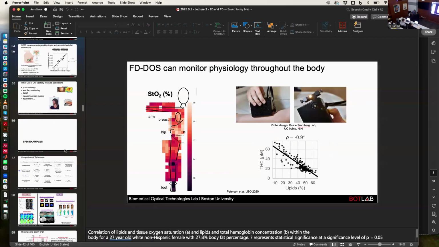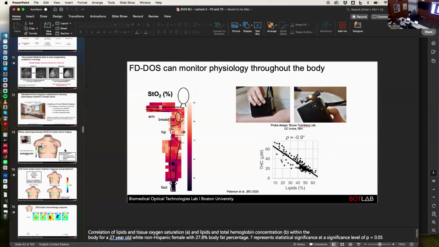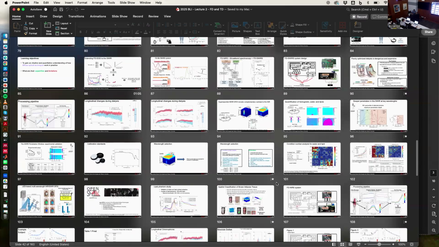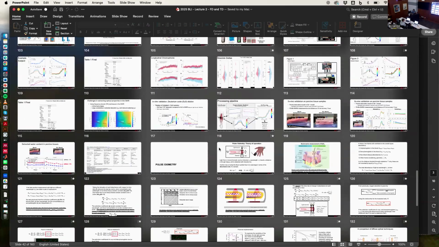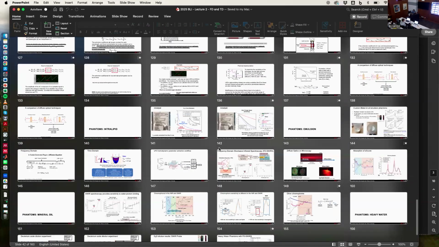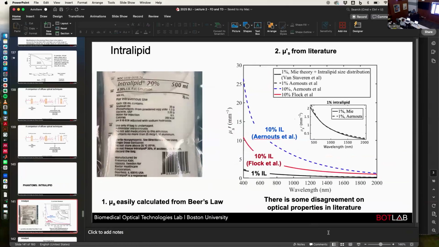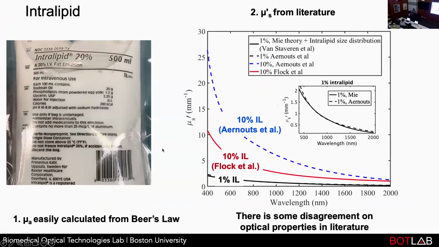Okay. Give me a second. Intralipid. To address your question, I say mu A is easily calculated from Beer's law. Intralipid comes in these pouches, so it's 20% volume by volume of lipid. So you can take that 20%, the extinction value from literature sources I mentioned.